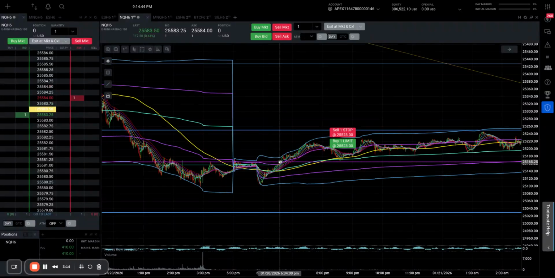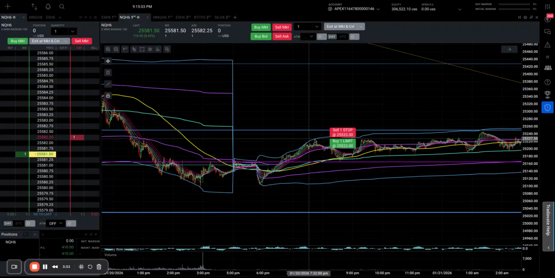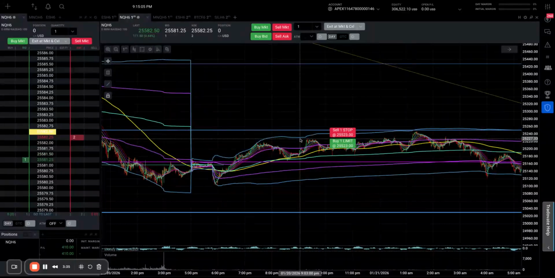So the minute we got above it, we want to trend all the way to this here and get magnetized. So even though it's a new day over here on this side, we're still in reference to these ones from the previous day. So it's trying to trend all the way back up here and get magnetized. So think of it like that.